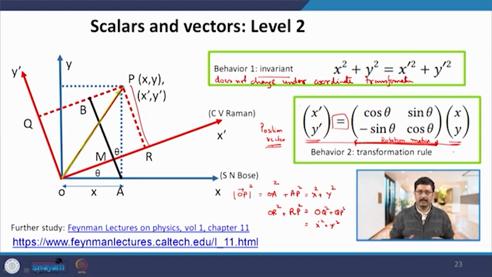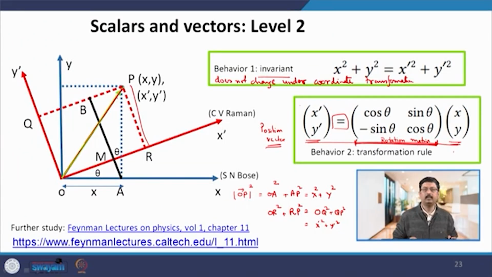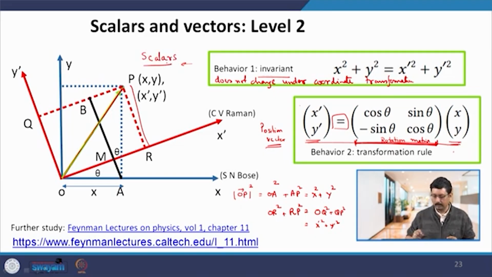So, I will say that there are some quantities which behave as the distance between 2 points, in the sense that if you do a coordinate transformation, those quantities do not change, they remain invariant. Those quantities are scalars.